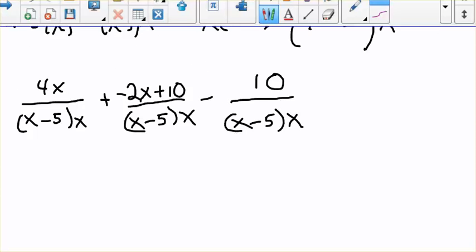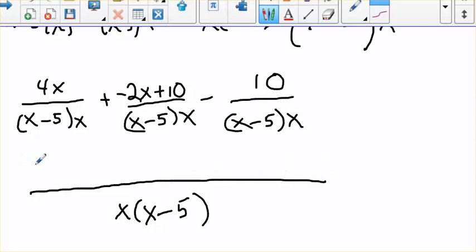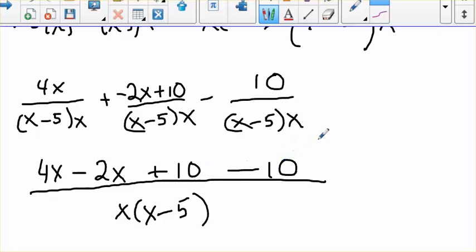So once I have all my denominators the same, I can just put everything over that common denominator, x times x minus 5. And everything in the top, we can just put together. So I've got 4x minus 2x plus 10 minus 10.